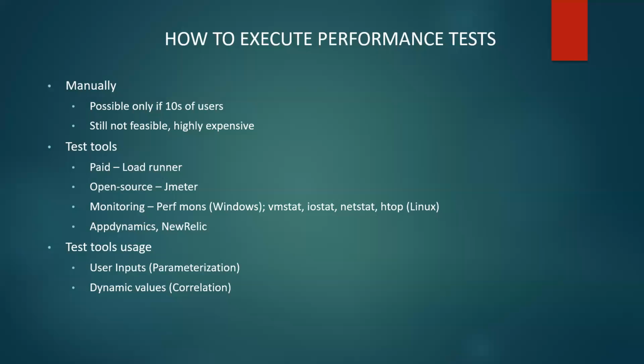Most of the people here, I think, are from automation, so you understand parameterization. But in performance testing, we play with HTTP requests, right? Like in automation, you capture some XPath to identify the objects and automate your scripts using Selenium. In this case, you capture the dynamic values from the HTTP request or the post body.